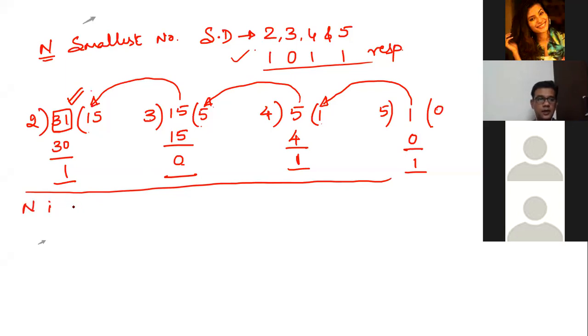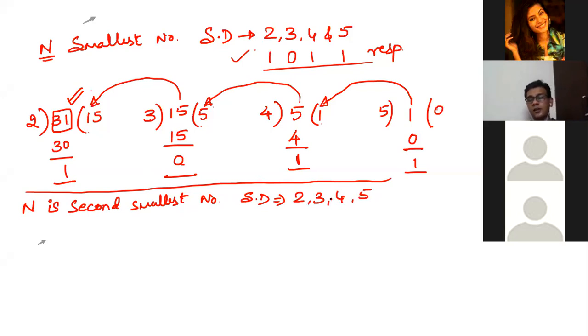I'll say n is the second smallest number which when successively divided by 2, 3, 4 and 5 gives a remainder of 1, 1, 0 and 2.